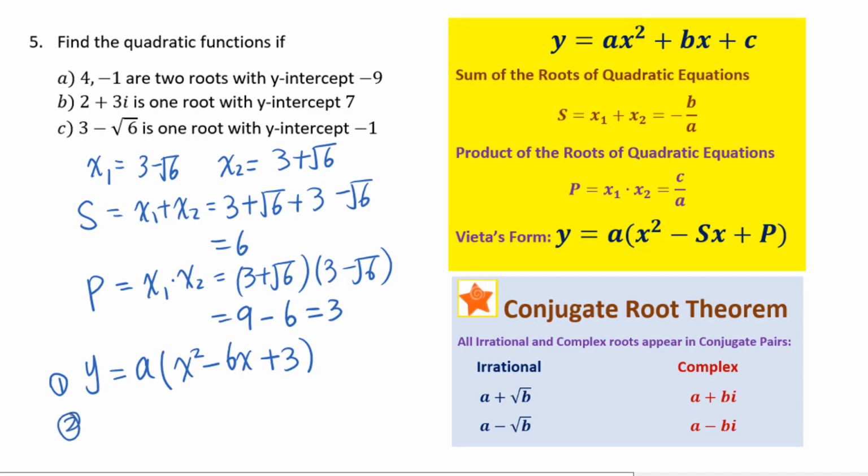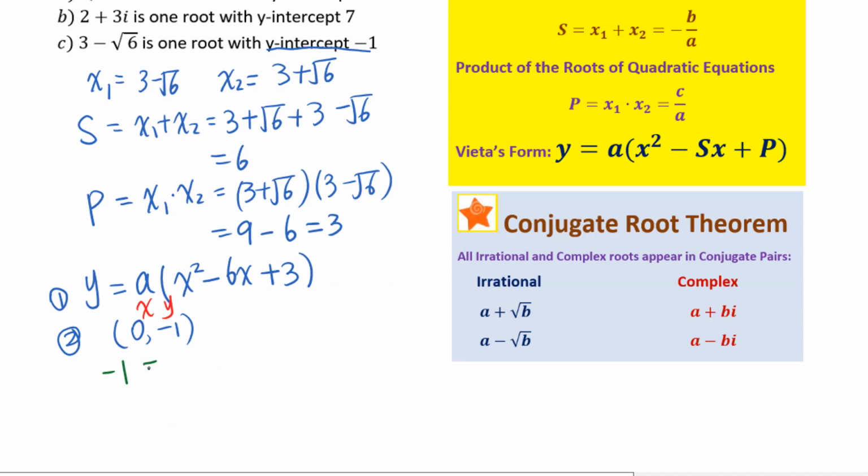For the second step, using this information, the y-intercept is (0, -1). So x is 0, here is y. We do the substitution. -1 equals a times (0 squared minus 6 times 0 plus 3), which will be 3. So a equals -1 over 3.